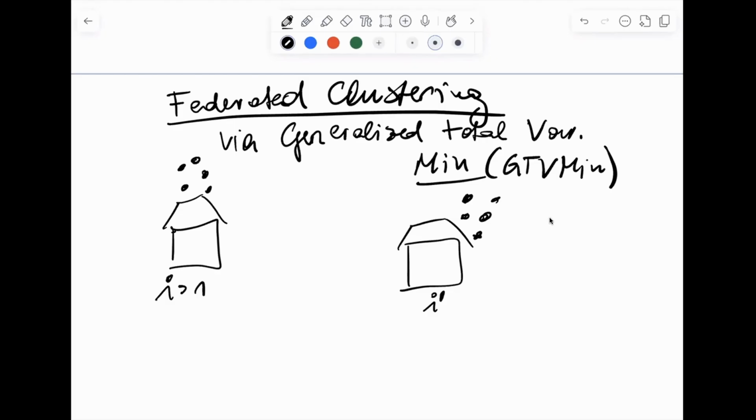And so each one of them could run a clustering algorithm that tries to solve this clustering problem. So we have now a matrix for each of these providers. The loss function is now different for each of these healthcare providers, and so is the optimization variable. So we have one of these clustering problems at node I and another one at node I prime.